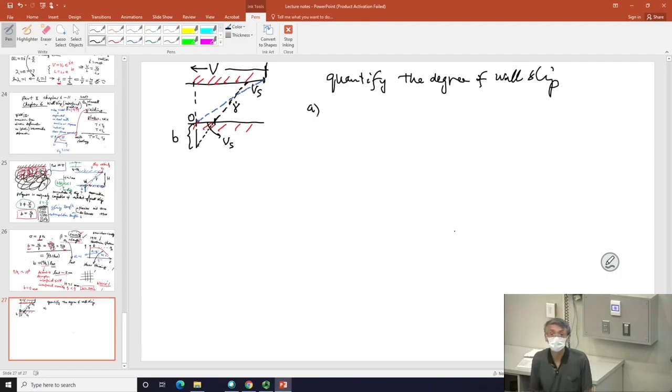First way, obviously, you could think about this ratio. That should give you something unambiguous. If it's Vs over V, that should give you a measure of how much slip there is, right? Reasonable?